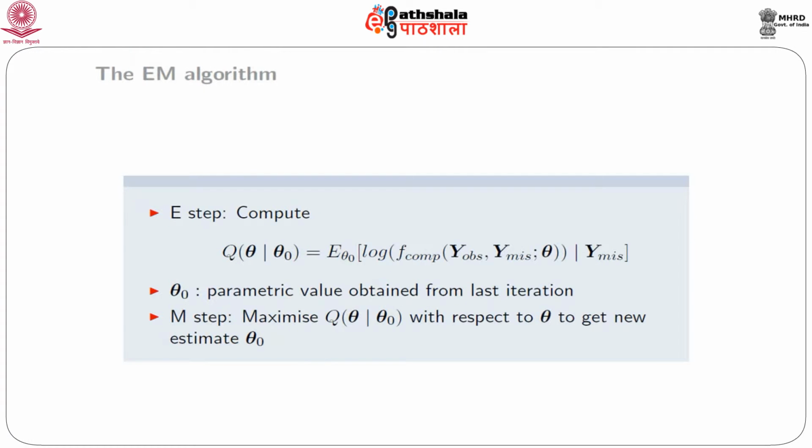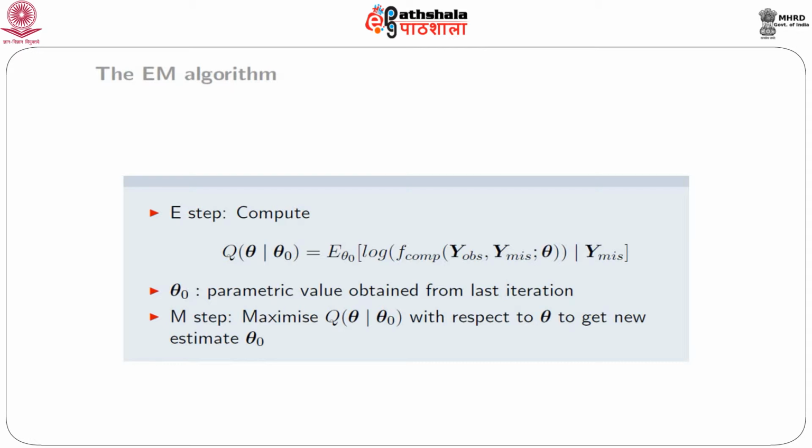So, in the E step, what do we do? We find a function Q of theta given theta naught, where theta naught is the parametric value from the last iteration. So, for example, for the t plus 1th iteration, theta naught is theta superscript t, and Q of theta given theta naught is the expectation under theta naught of the log likelihood conditional on the observed values.